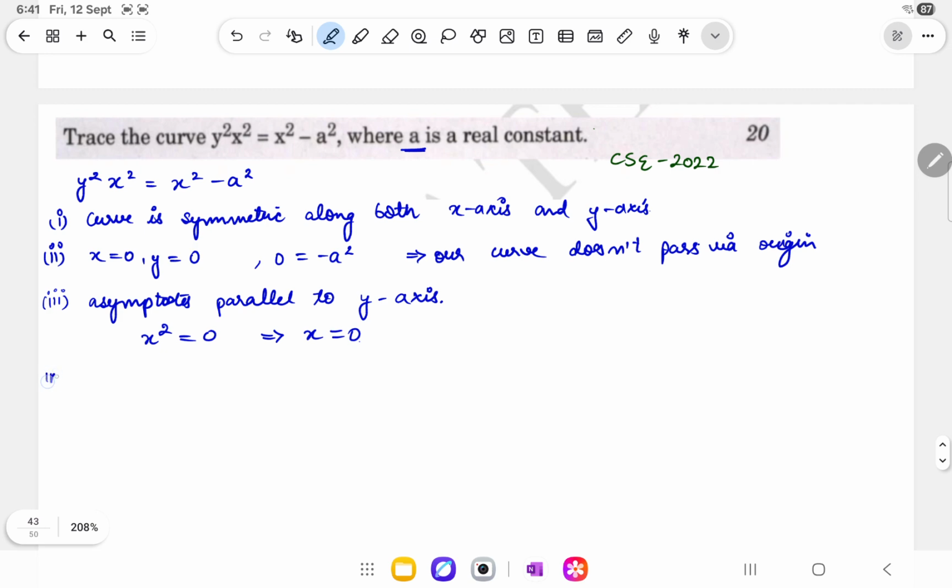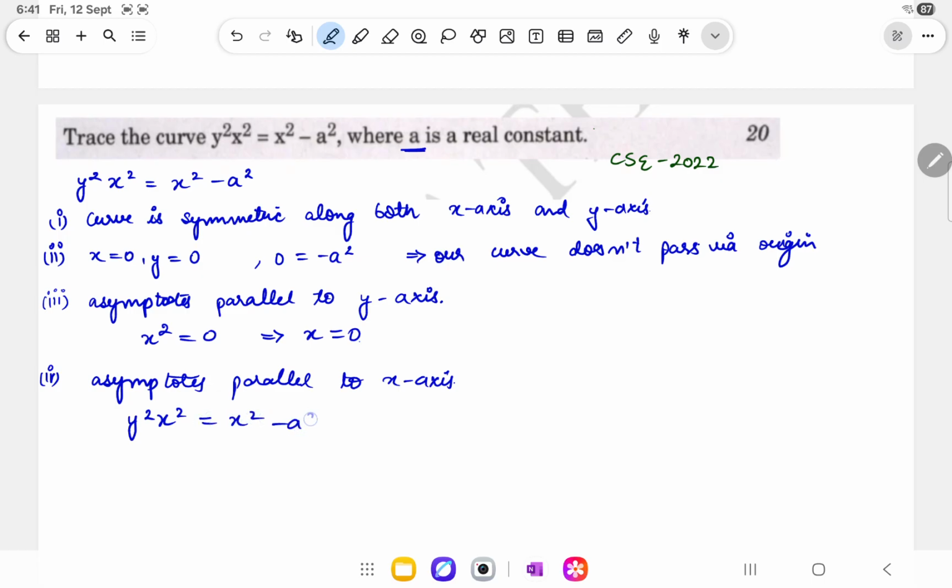Likewise, to find the asymptote parallel to the x-axis, I need to equate the coefficient of x square to 0. My equation of the curve is y square x square equals x square minus a square.